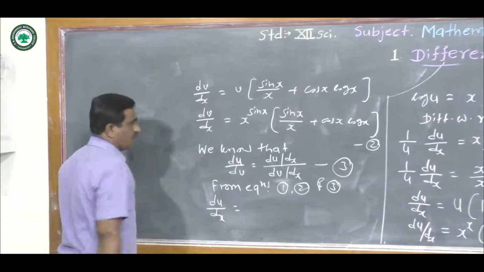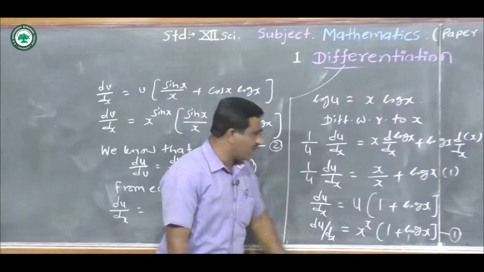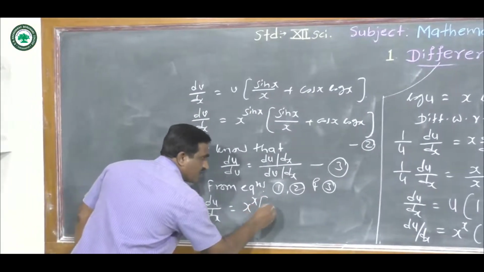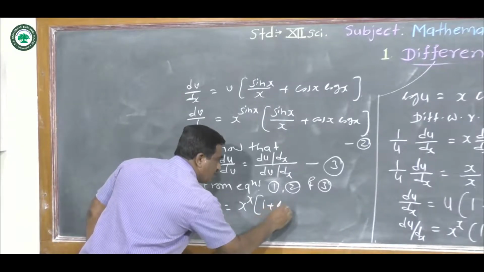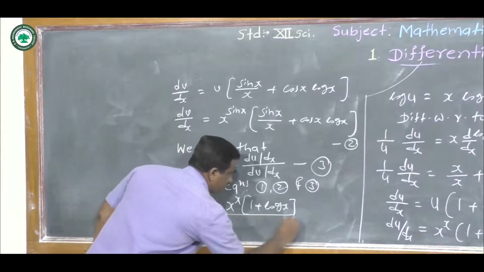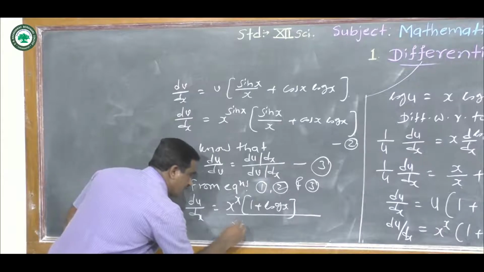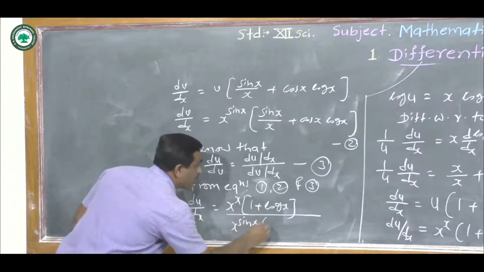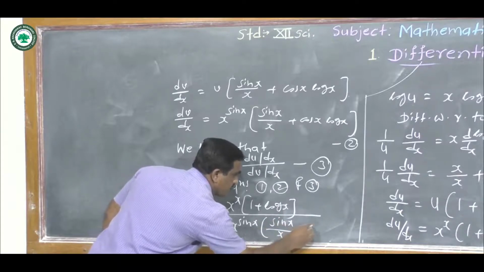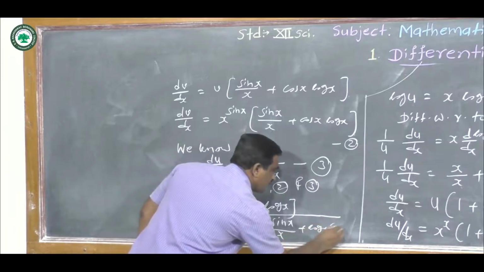is equal to the value of du by dx, here x raised to x into in bracket 1 plus log x, upon the value of dv by dx, x raised to sin x into in bracket sin x upon x plus cos x into log x.